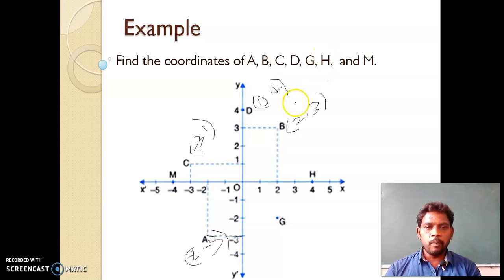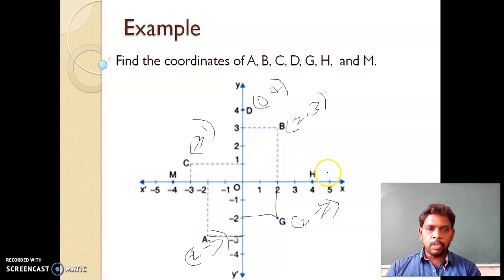And what about G? So G is here, that is the distance from the x-axis here, and also from the y-axis this one, okay? So x value 2 and y value minus 2. So the point of G is 2 comma minus 2, right? So that is the point for G.